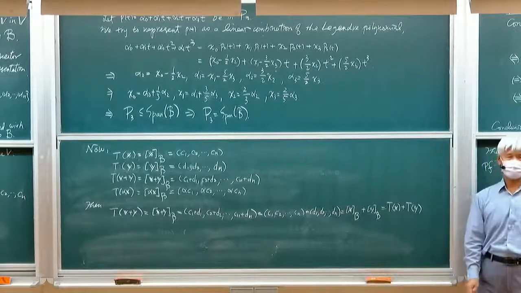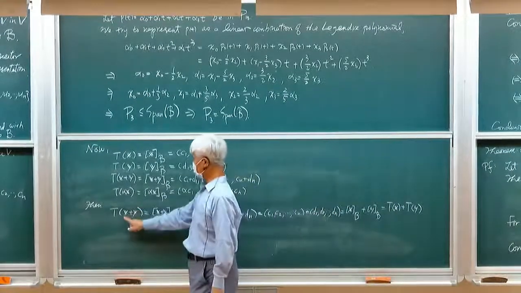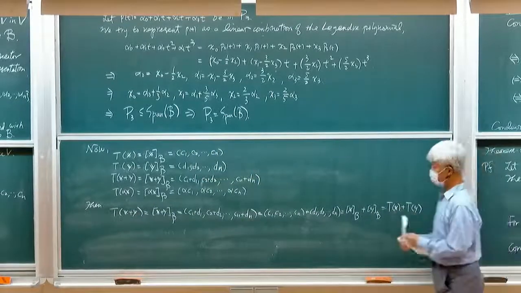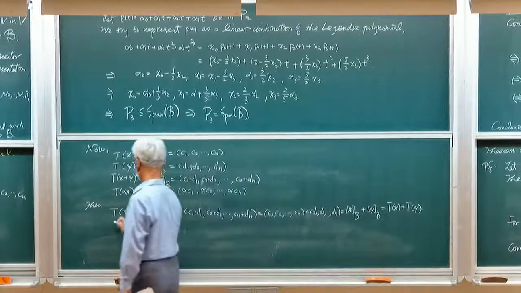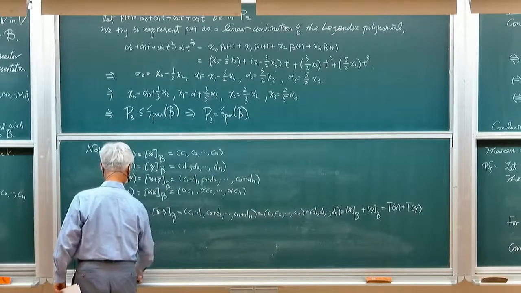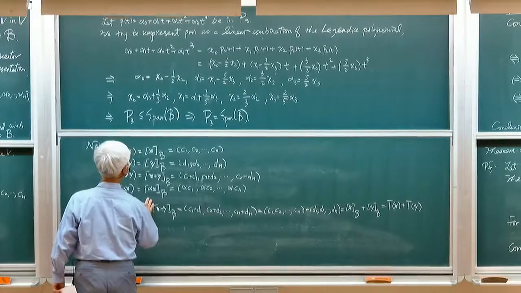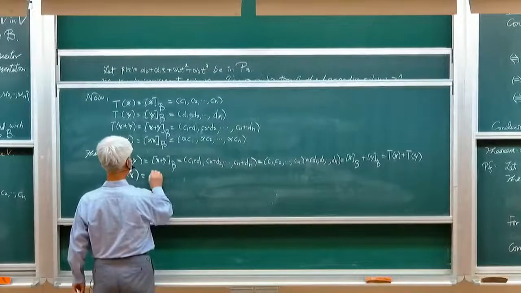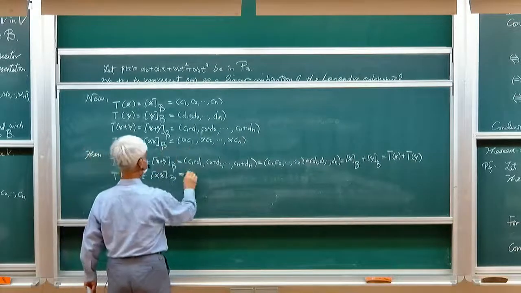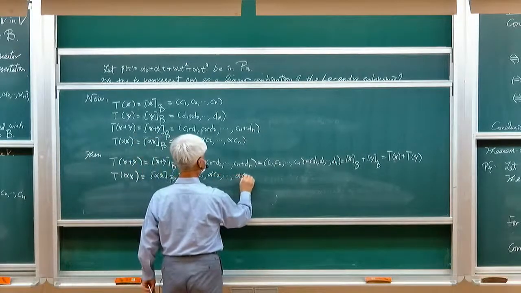Okay, so we have this relation T of x plus y equals T of x plus T of y. And T of alpha x is alpha c1, alpha c2, alpha cn.